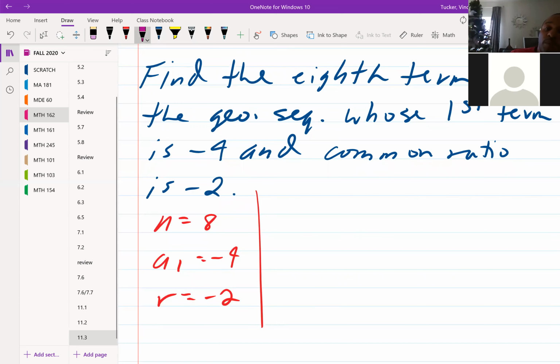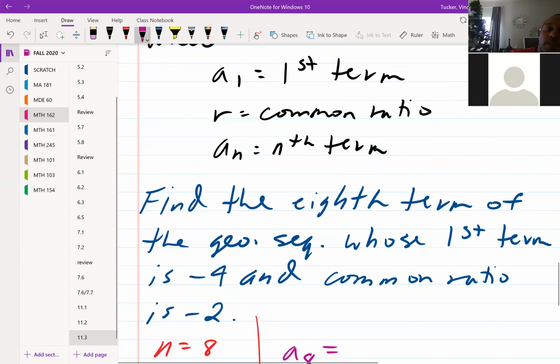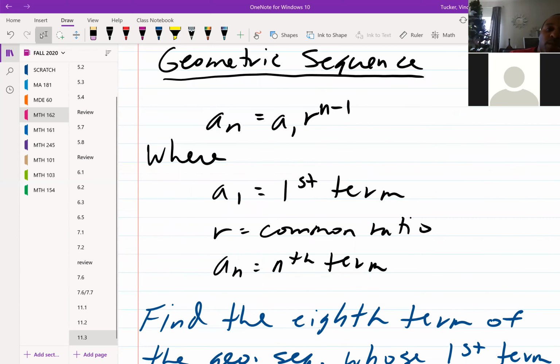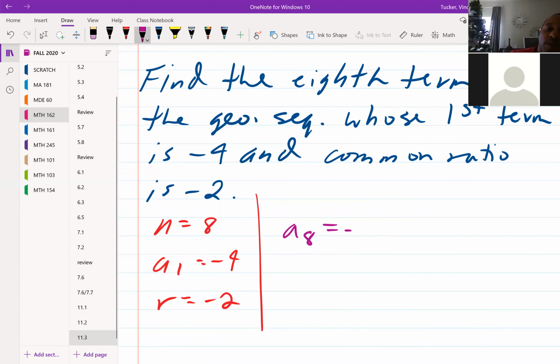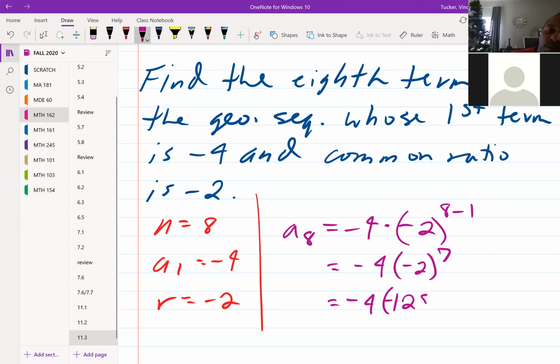If we plug them into the formula, n is 8, a sub 1 is -4, times r, which is -2, raised to the 8 minus 1 power. So it's -4 times -2 to the 7th power. -2 to the 7th is -128.